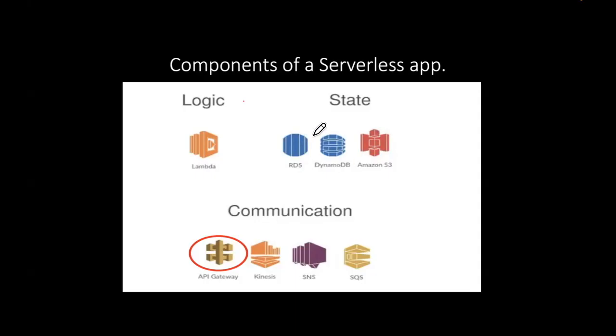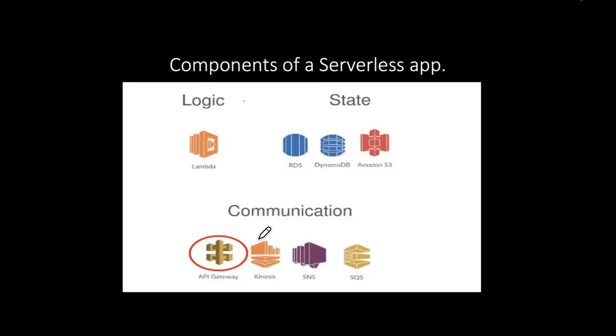of your serverless application. And the last part then is what's more generally referred to as communications. And so one service, which is the one we're looking at now, is the API Gateway. That comes under the heading of communications in the sense that it allows the end user to communicate with your Lambda functionality.